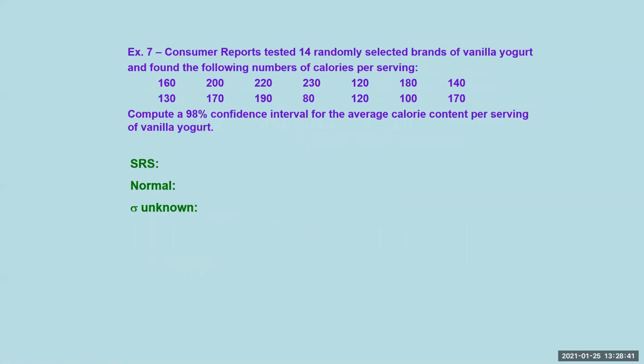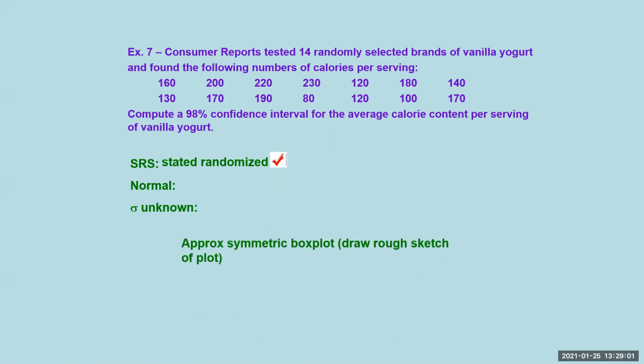So one last example, we have a set of numbers here. Compute a 98% confidence interval for the average calorie content per serving of vanilla yogurt. First, you must check assumptions. Is it an SRS? It is stated, check. Is it normal? Well, if we have data points, we actually need to create a box plot.